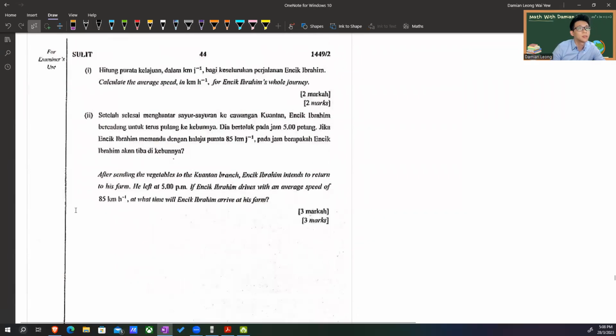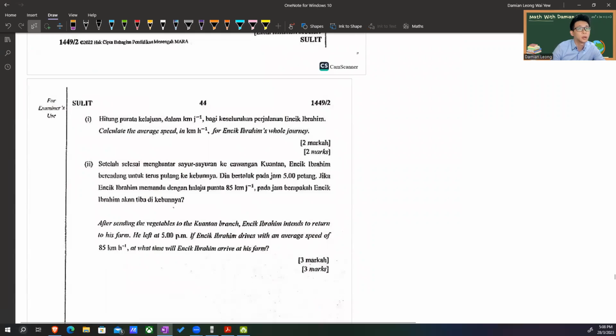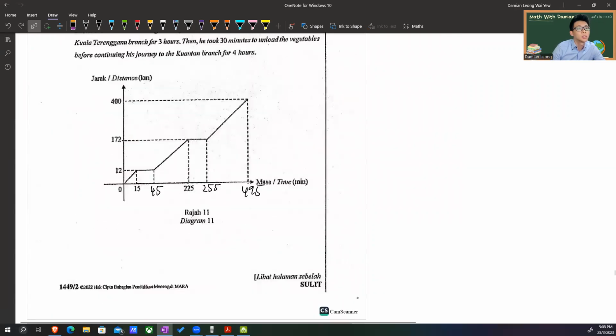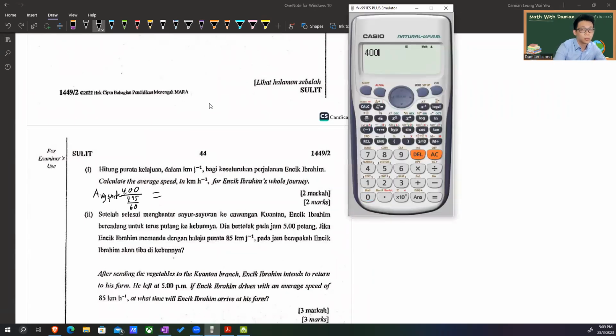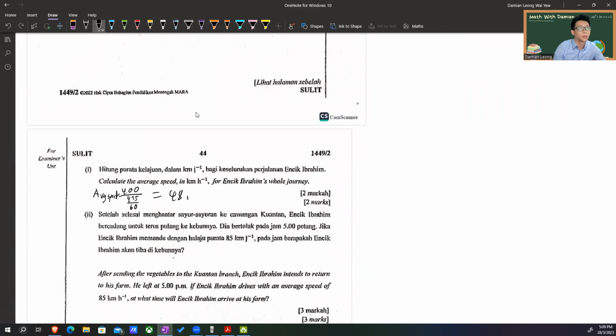So I want the average speed for Encik Ibrahim's whole journey. So it's just 400 divide 495, but then it's in minutes, so change to hours. So over 60. 400 divide bracket 495 over 60. 48.48 km per hour.